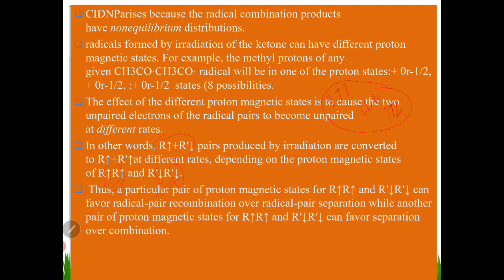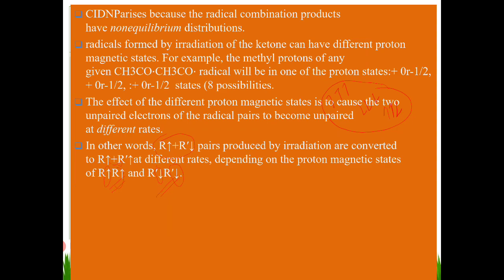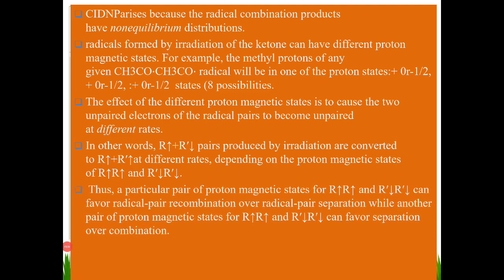Thus, a particular pair of proton magnetic states for RR, please note the direction, and RR, this one, can favor radical pair recombination over radical pair separation, while another pair of proton magnetic states for RR and R dash can favor separation over combination.